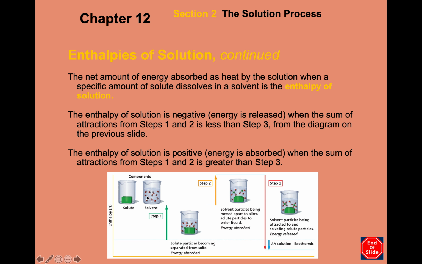Now, the sum of the energies required for the solid to give up its particles, and for those solvent particles to get moved apart from the solid, is energy that has to be put in. The energy released when the solvent actually surrounds the particles is referred to as the energy released. Obviously, the sum of all 3 of these steps is the enthalpy of the overall solution. So this is the enthalpy, the energy required to actually do the process of creating a solution.